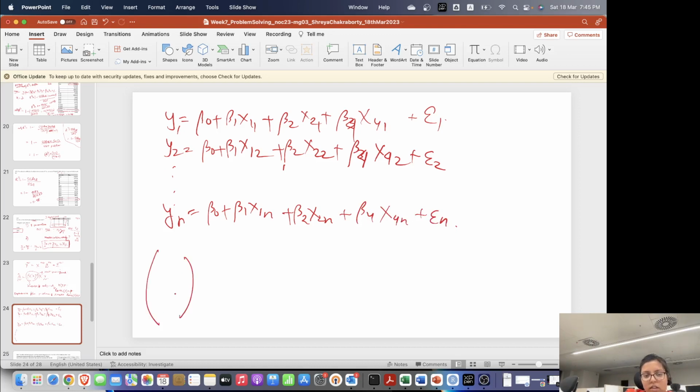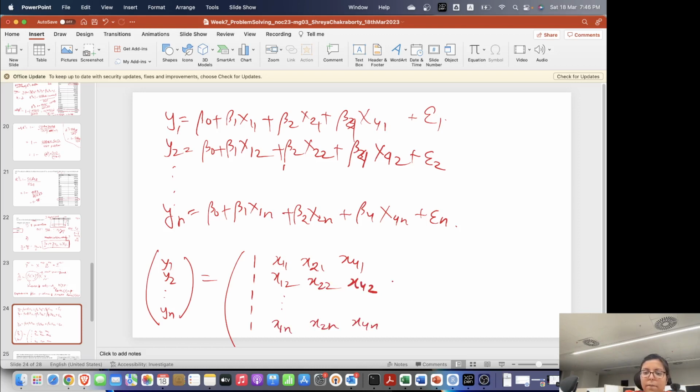This thing we will just write in a matrix format. Y1 to yn equal to a column of 1s, all entries 1, then x11, x21, x41, x12, x22, x42, and so on, x1n, x2n, x4n, into beta naught, beta 1, beta 2, beta 4, plus epsilon 1, epsilon 2, up to epsilon n.